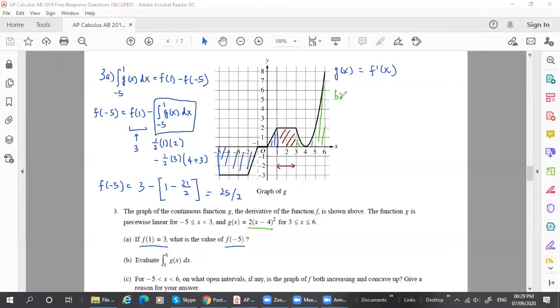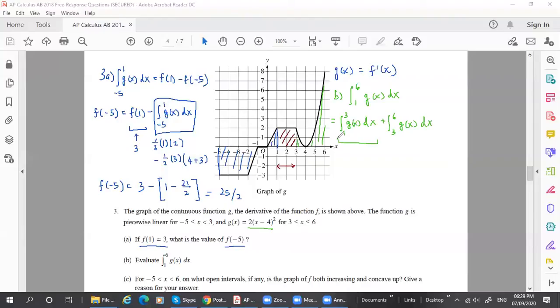So for part B here, to find the definite integral of g(x) from 1 to 6, you just integrate g(x) from 1 to 3, and you add the definite integral of g(x) from 3 to 6.